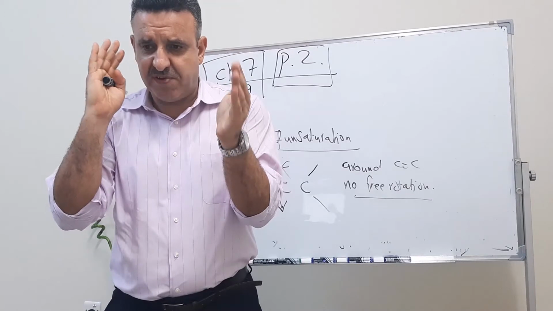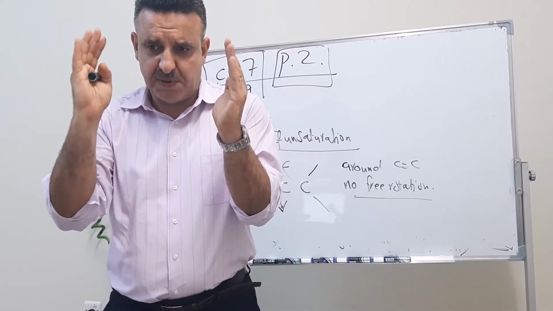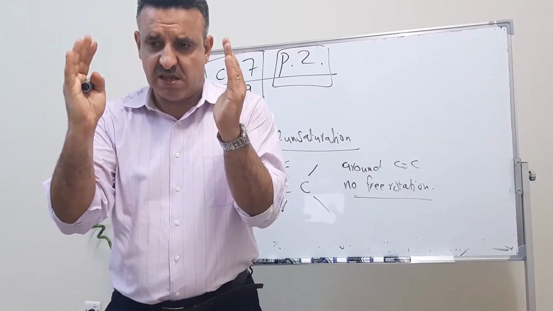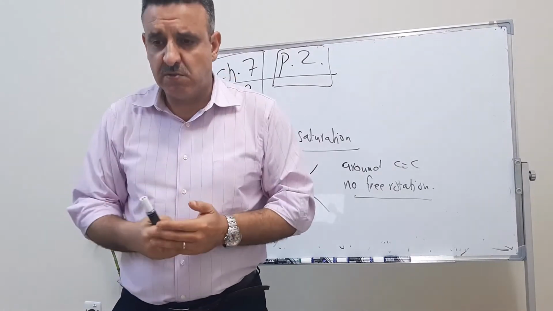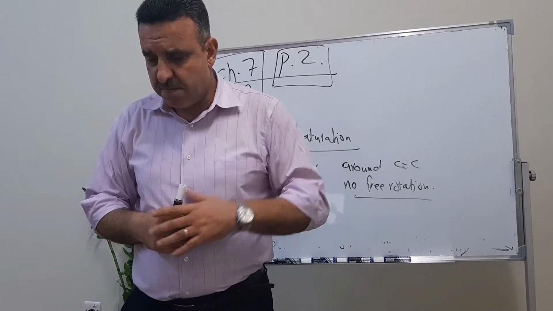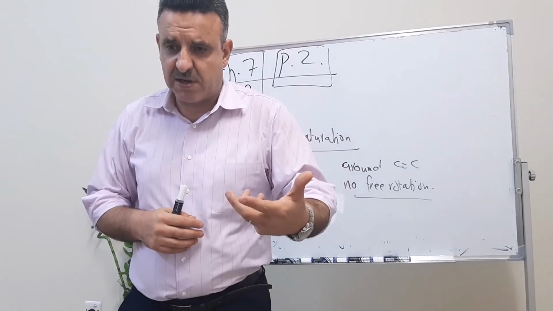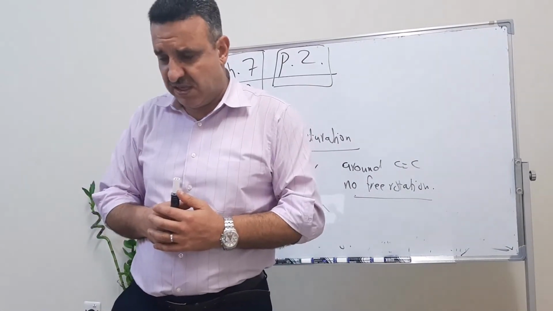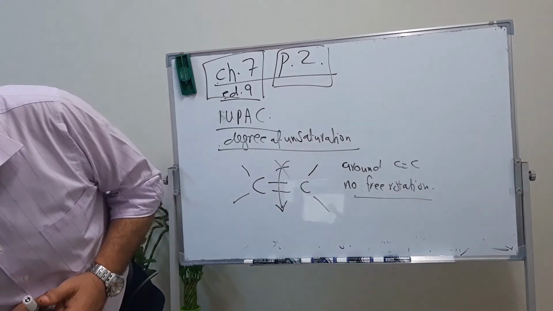If there were free rotation, these p orbitals would move away from each other, which means the bond would break. And as we said, bond making is a favorable process, while bond breaking is definitely not a favorable process.